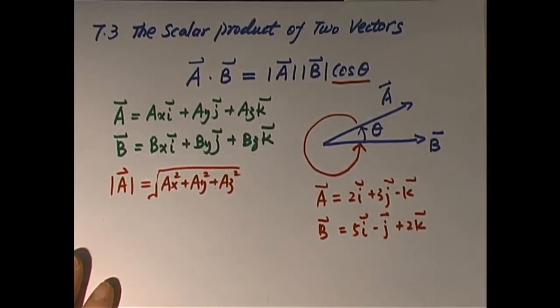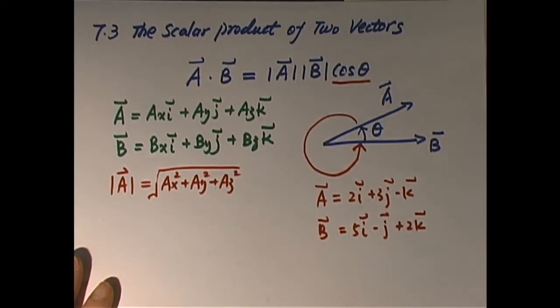In this case, we can easily calculate the magnitudes of A and B, but we do not know the angle between A and B since they're in this ijk form. And how do we find the value for A dot B?